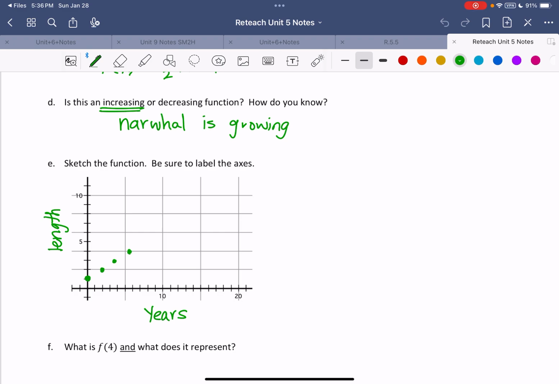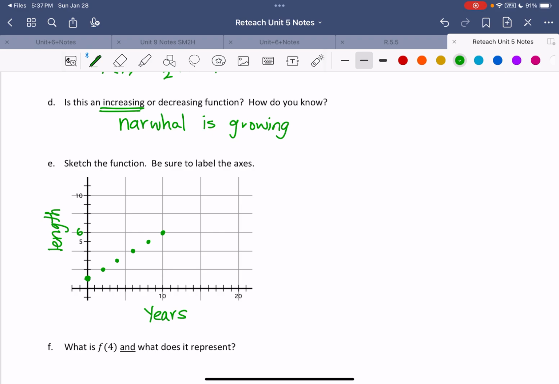Or what am I doing? Let's see. I'm having a hard time seeing this. Sorry. I'm erasing those points. Okay, so if I go by 2, we're up 1. Go by 2, we're up another 1. Go by 2. There we go. Go by 2, and two more, and that's where my length is 6.